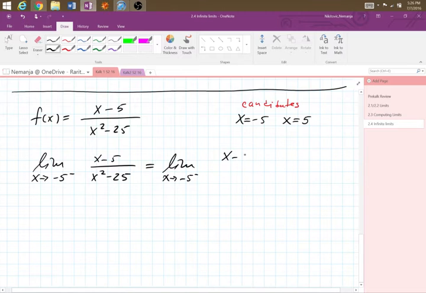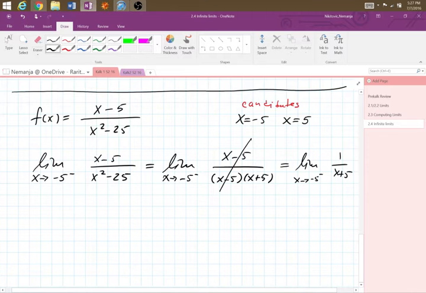We're going to factor the denominator into x minus 5, x plus 5. Now, this is from the previous section, solving limits. And now what do we see? We see the limit x goes to negative 5 from the left of 1 over x plus 5.